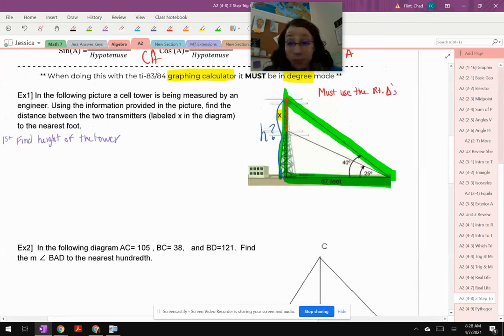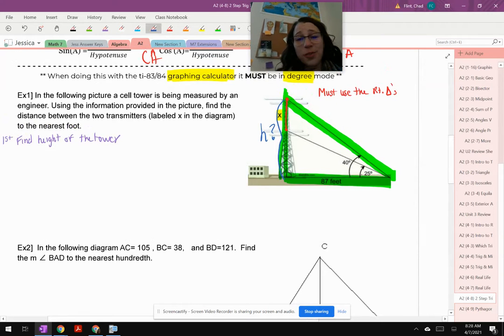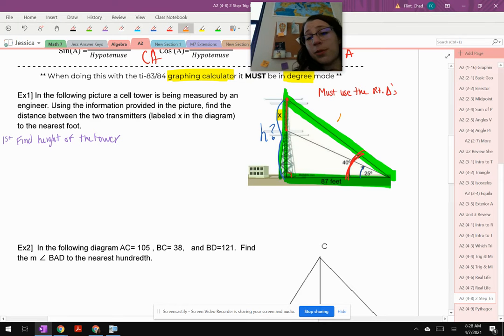I'm not going to be using this 25 angle because that 25 angle is only from here to here. It's not the entire angle that I'm using. In this case, I'm going to be using 40. So that 40, my right angle is here, so thankfully my hypotenuse is going to be here in both situations.